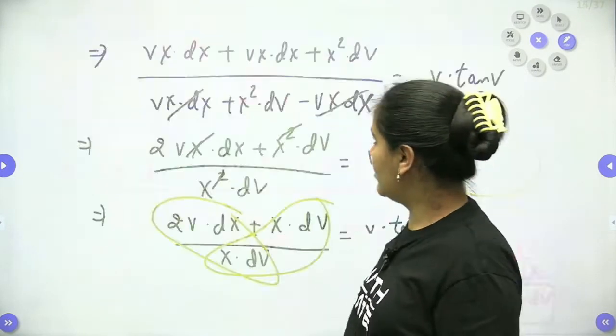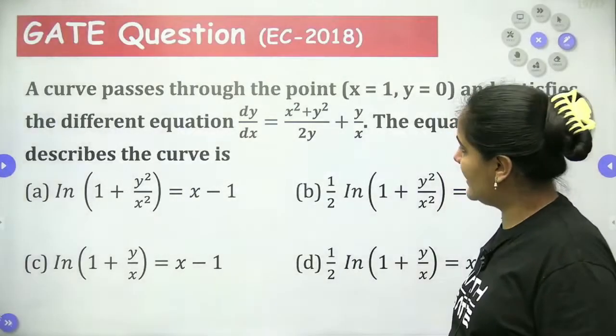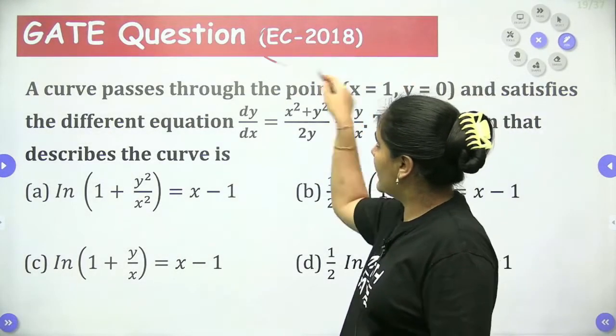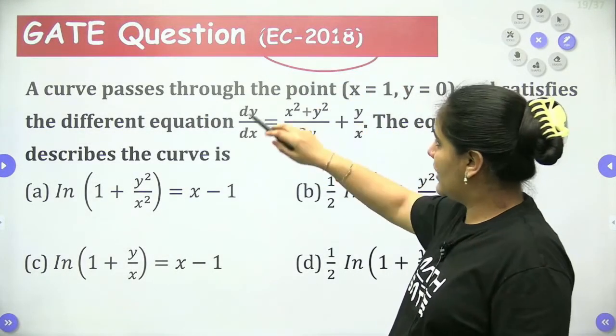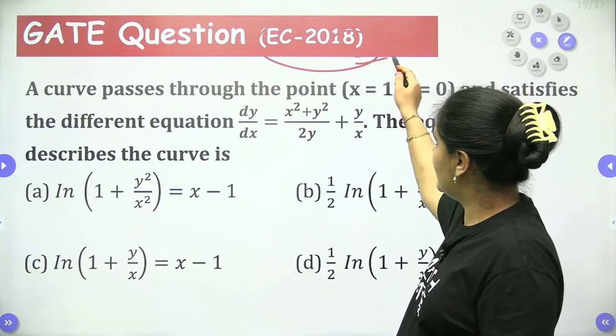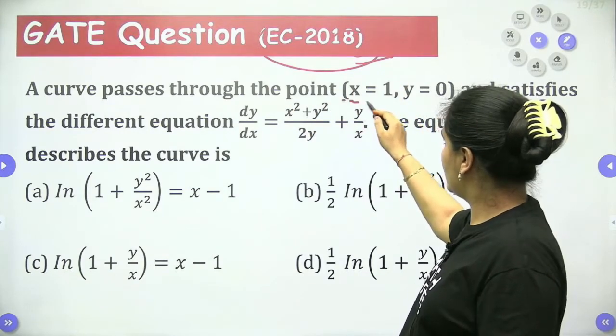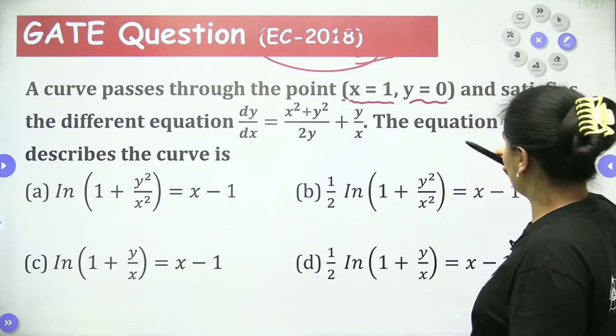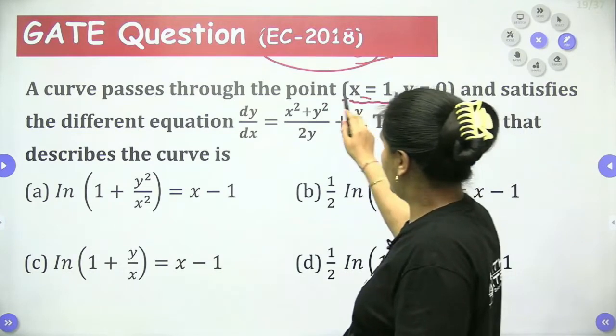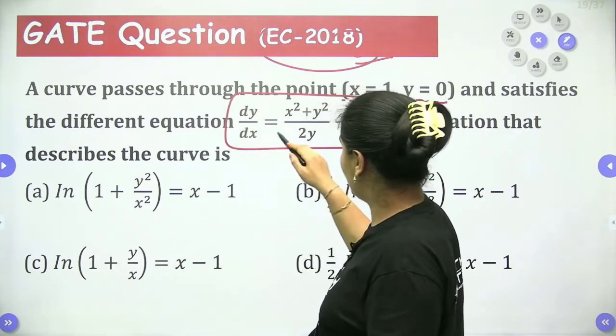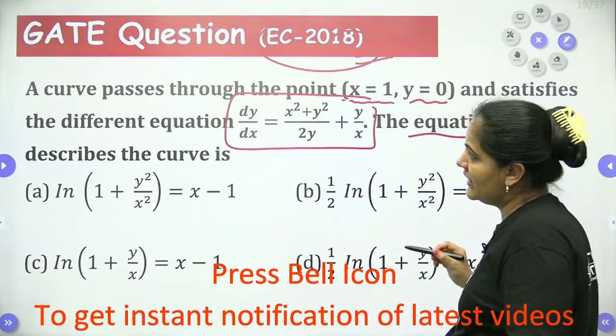Now let's have a discussion on one more question which was actually asked in the GATE examination, again based on the homogeneous equation. This is the GATE 2018 question. A curve passes through the point x is equal to 1, y is equal to 0, and satisfies the differential equation, the equation that describes the curve.